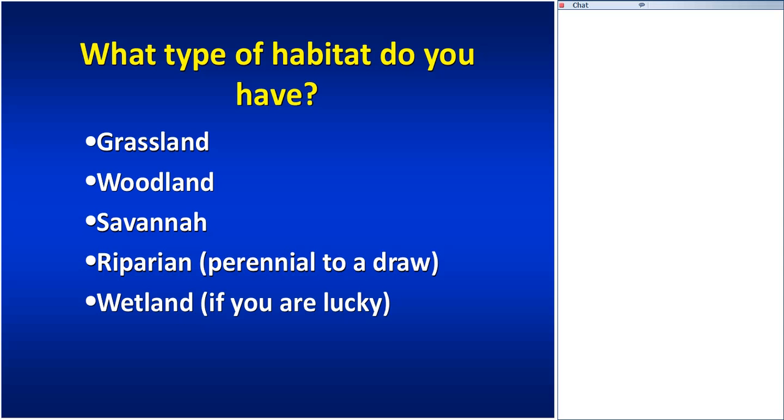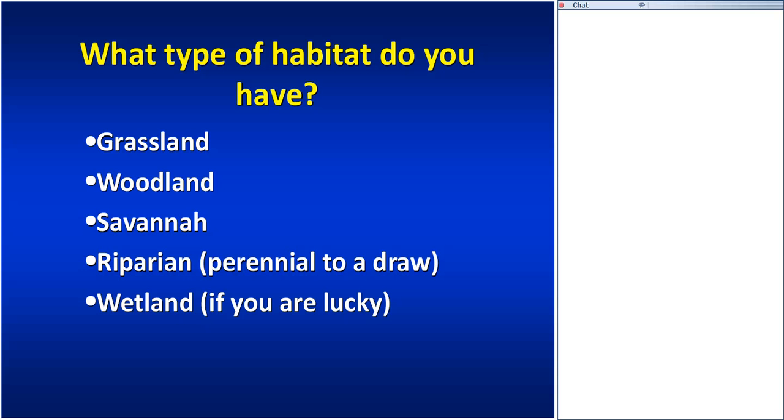So that's riparian habitat. And then wetland habitat. It'd be nice if everybody had some wetland habitat, whether that's springs or seeps, or a coastal marsh, or a playa lake in the Panhandle.